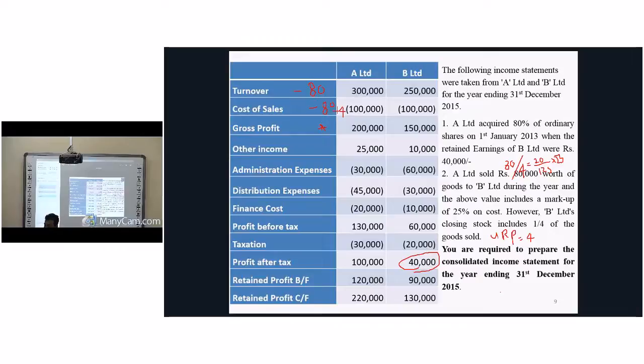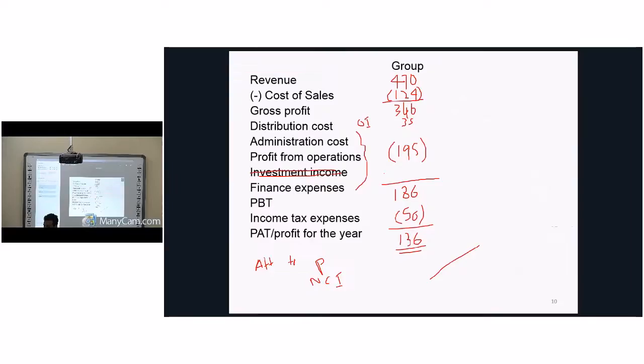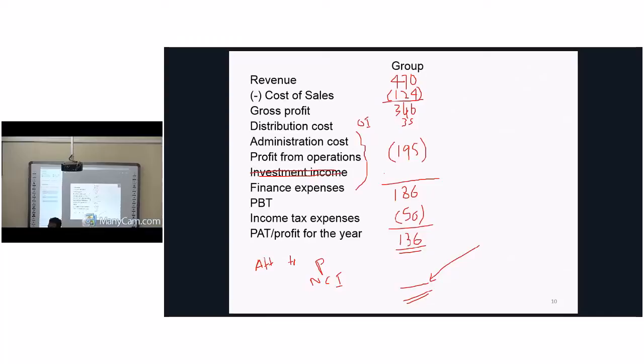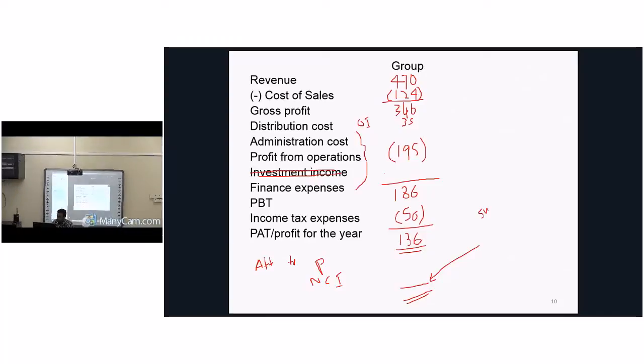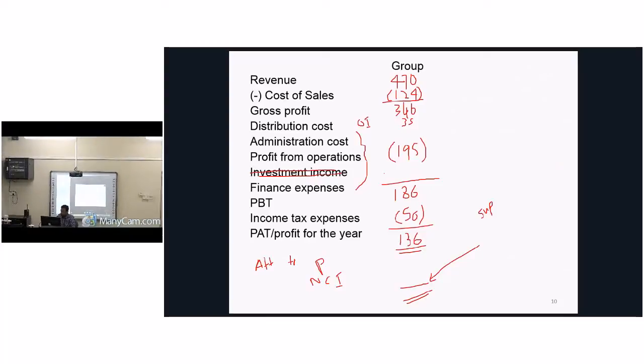I gave you a formula, if you can remember, to calculate this figure. NCI one. How to calculate it? Subsidiary's profit for the year plus or minus adjustments, into NCI percentage.